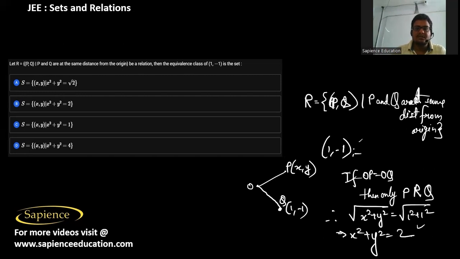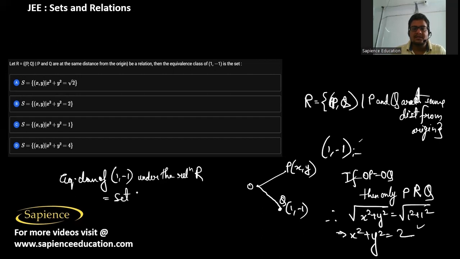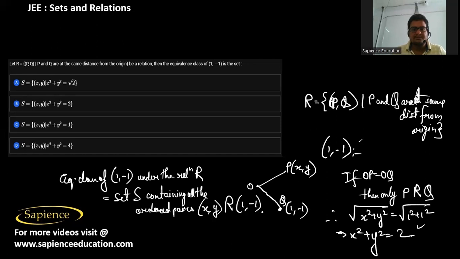So it means that the equivalence class of 1 comma minus 1 under the relation R is the set S containing all the ordered pairs x comma y, which is related to 1 comma minus 1.